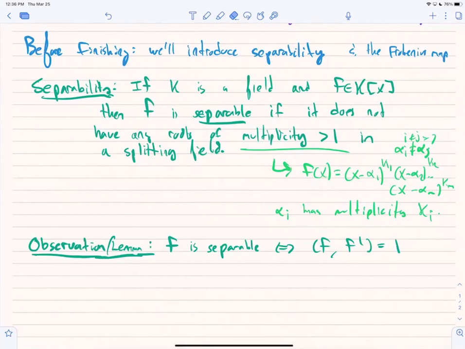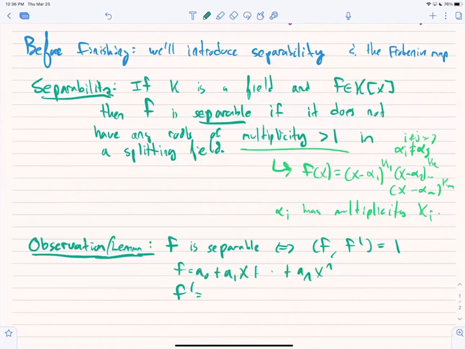Here, if f is equal to a0 plus a1x, and so on, plus an x to the n, then f prime just literally means the formal derivative. Of course, you can't do calculus per se over an abstract field, but the formula for the derivative of a polynomial still makes sense.